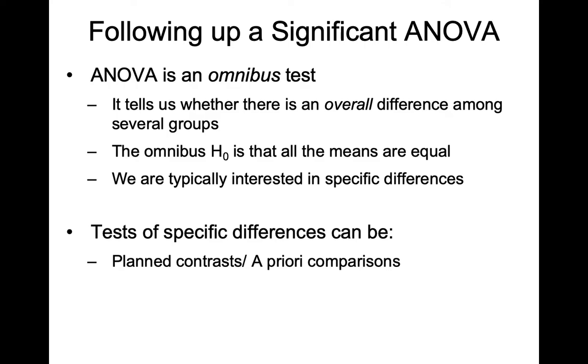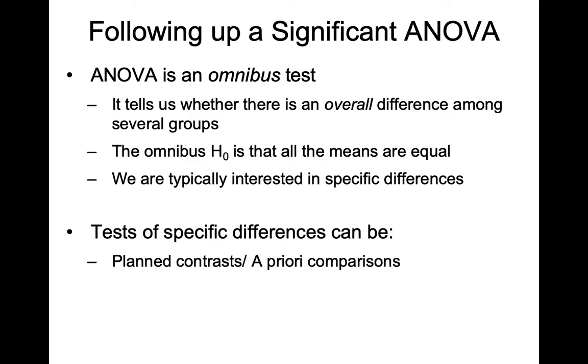Now we can do that ahead of time. So before a researcher even goes out and collects the data, they might have planned contrasts, otherwise known as a priori comparisons, okay, ahead of time comparisons that they have in their mind that they want to do.